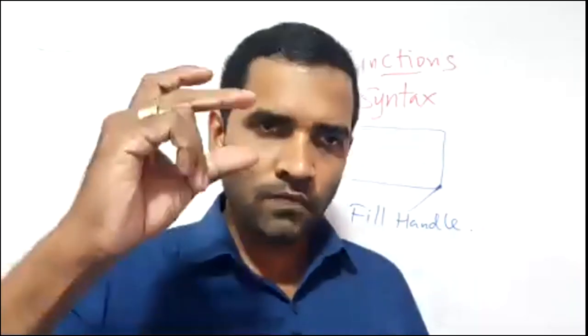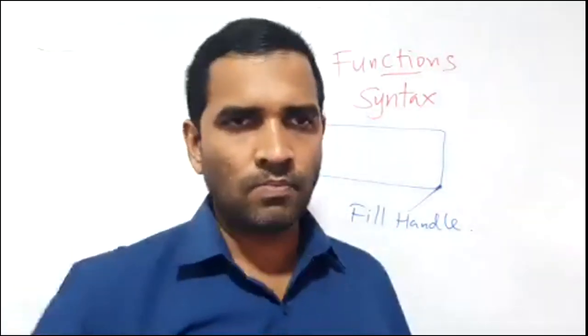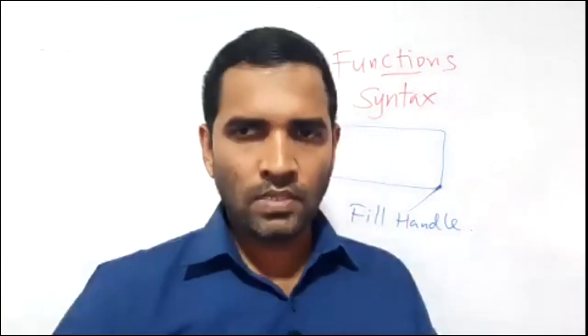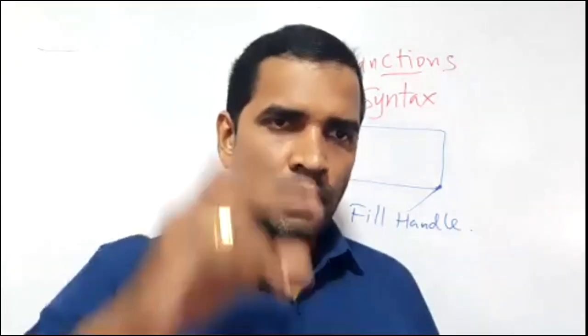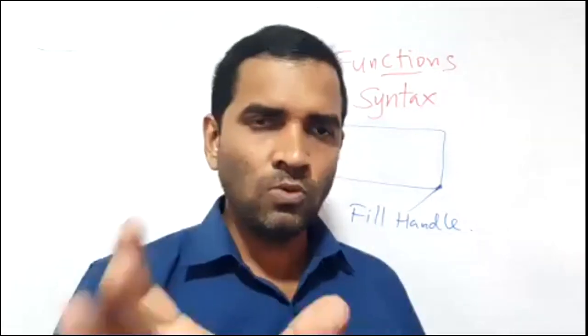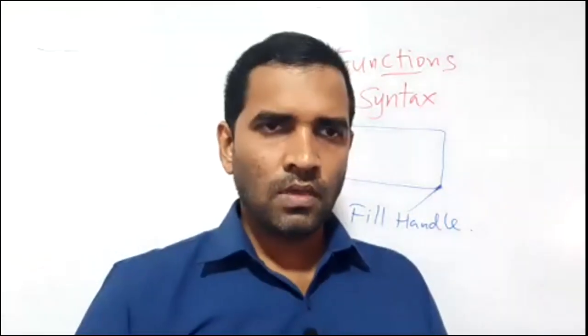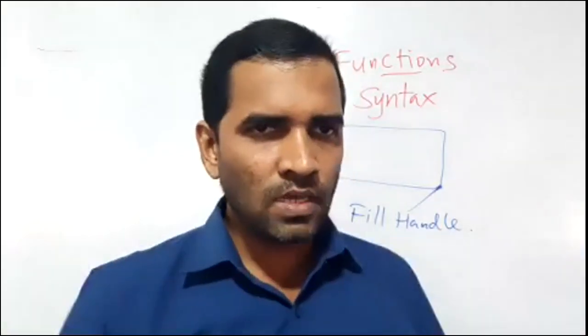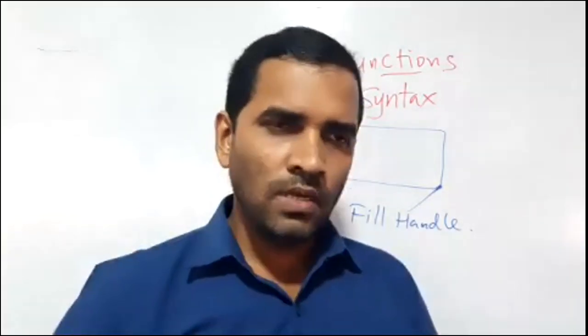Of course, the function name is different. Here it is sum. Maybe after some time we will take average. For finding the average, the function name is different, but the format, the syntax, the rule remains the same. So learning and keeping these functions in your mind is very simple.